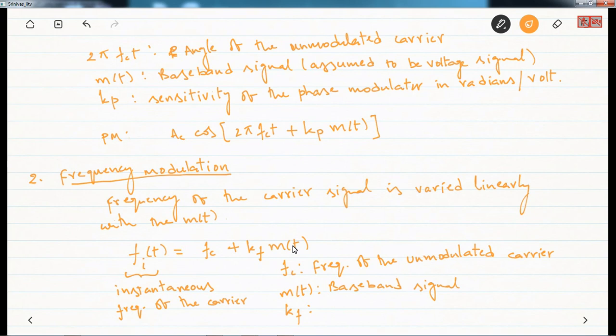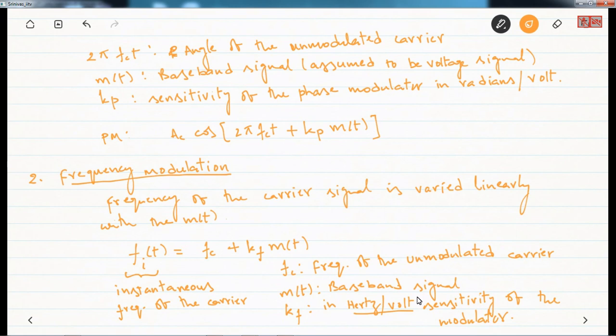If for 1 volt change in the m of t, we want to change the frequency by say 10 hertz or 1 kilohertz or 10 kilohertz, then this kf should be in hertz. Sensitivity of the modulator.